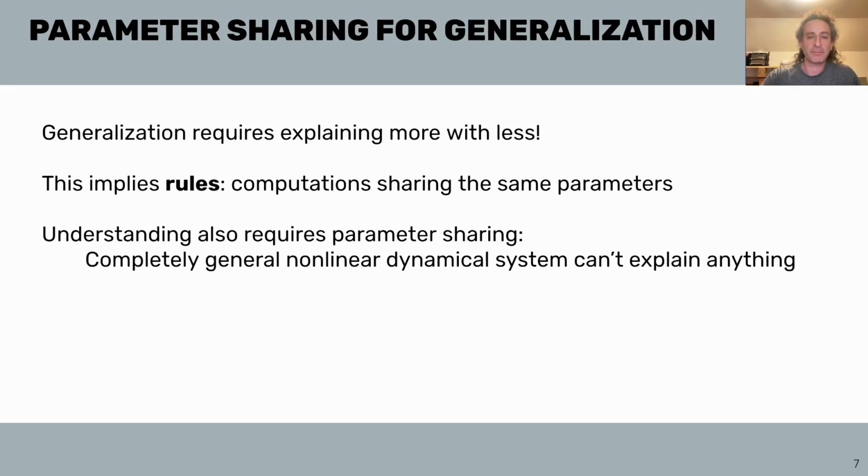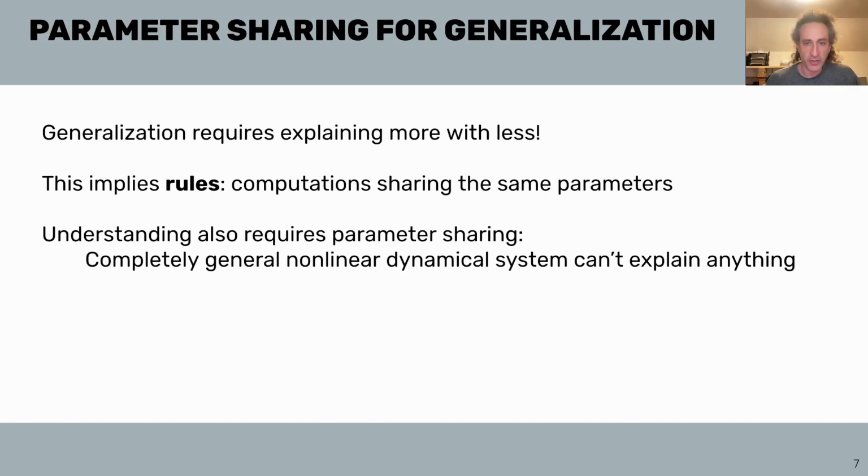So there are many properties of microarchitecture that we could talk about, but we're going to focus on a subset of them today. The important reason for talking about microarchitecture at all is that it's a form of parameter sharing. And parameter sharing is critical because generalization requires it. Generalization, in a sense, requires explaining more things with fewer things. And that implies rules.